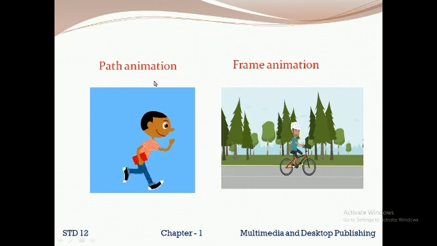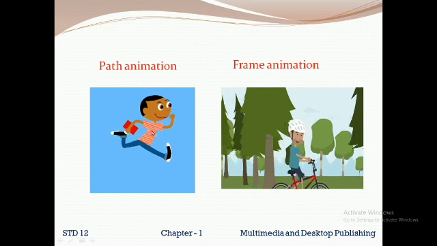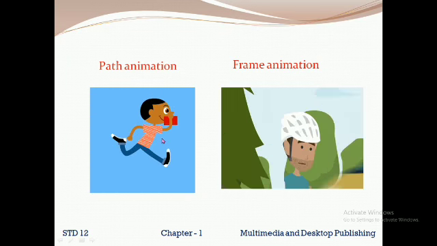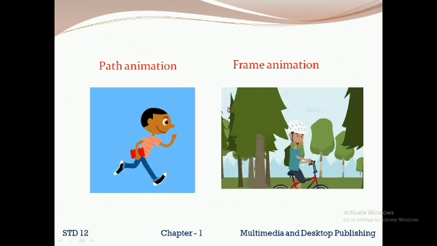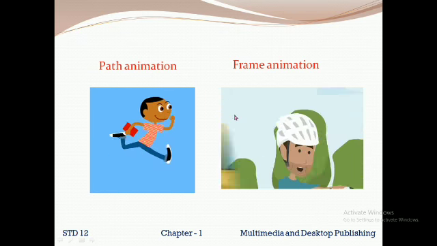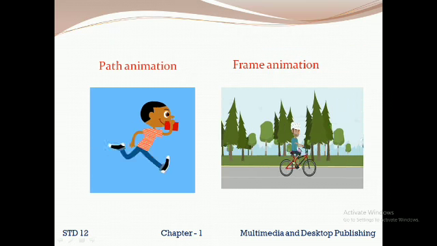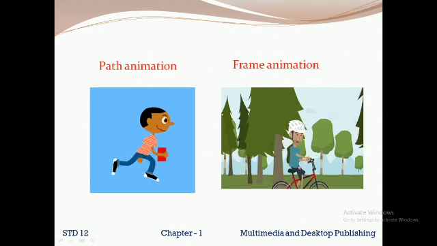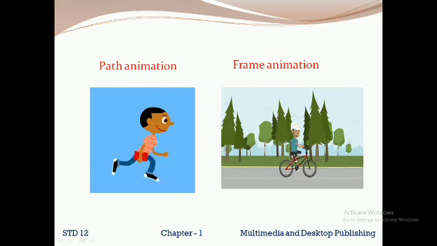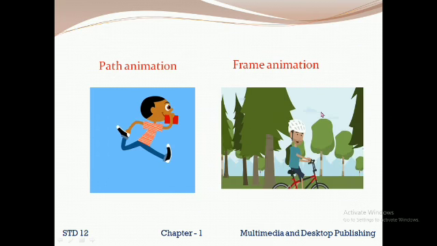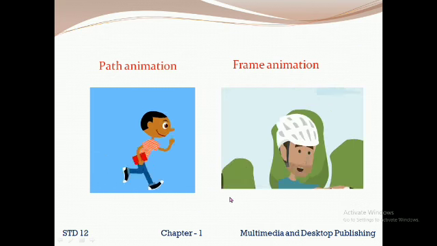Now notice the path animation picture. The cartoon character moves on the screen and the background is constant. In frame animation, multiple objects move on the screen simultaneously. The background also changes. Is it clear?